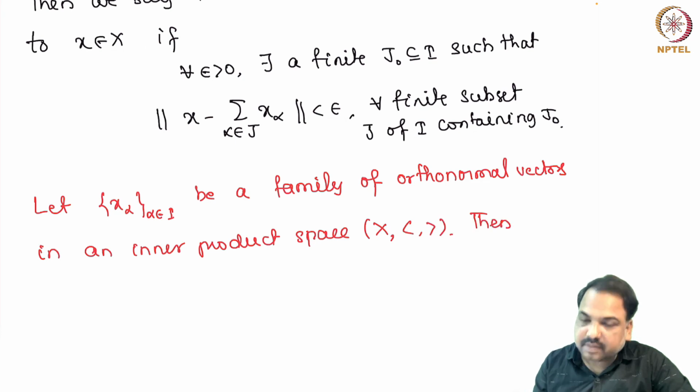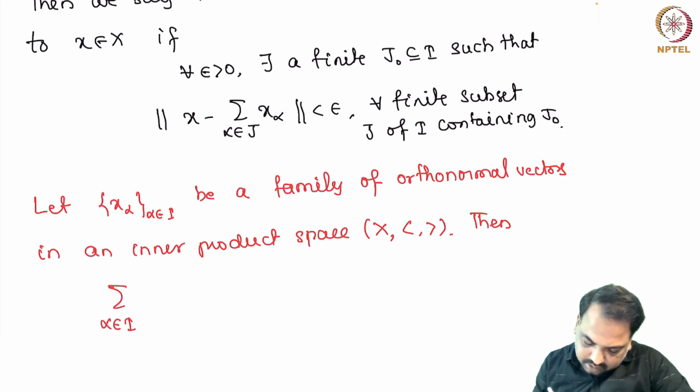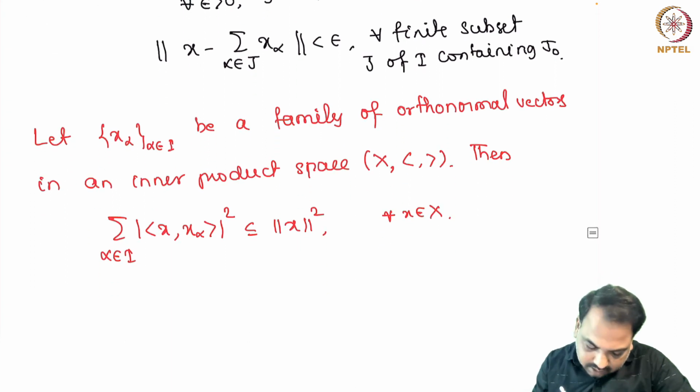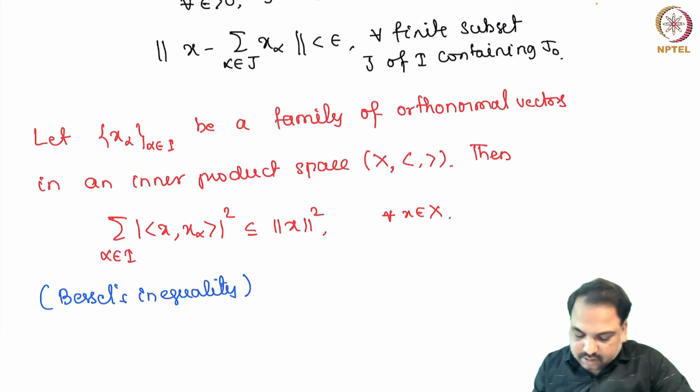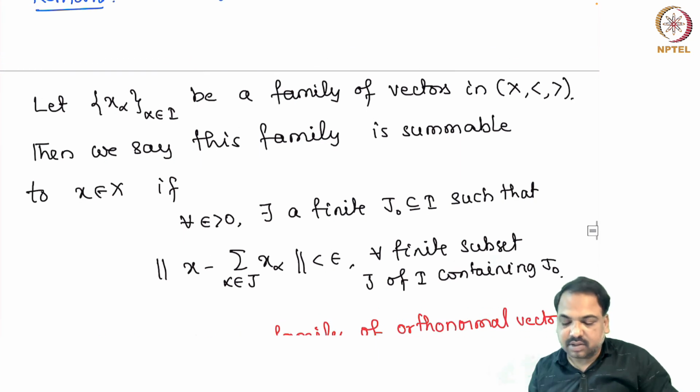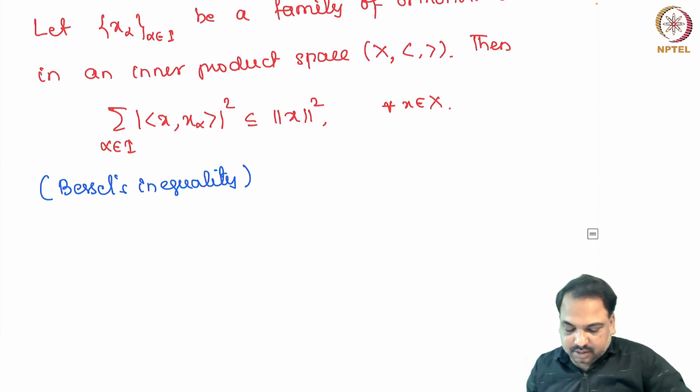Then we can say that summation over alpha in I of the modulus of the inner product of x with x alpha squared is less than or equal to norm x square, and this is true for any x. So this is again known as Bessel's inequality. This can be proved using the earlier result and the definition of summability of a family of vectors.